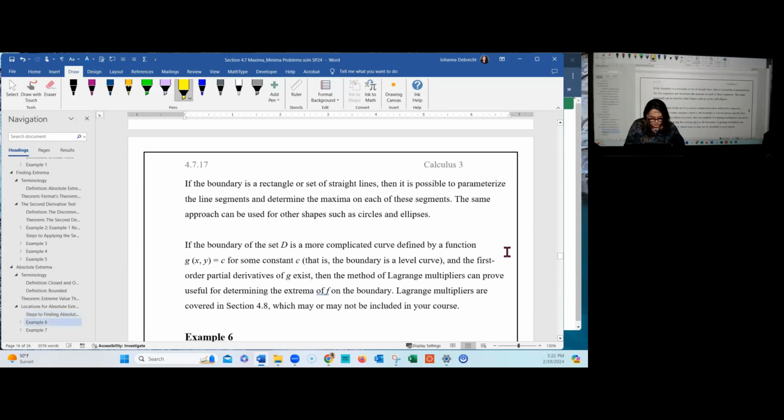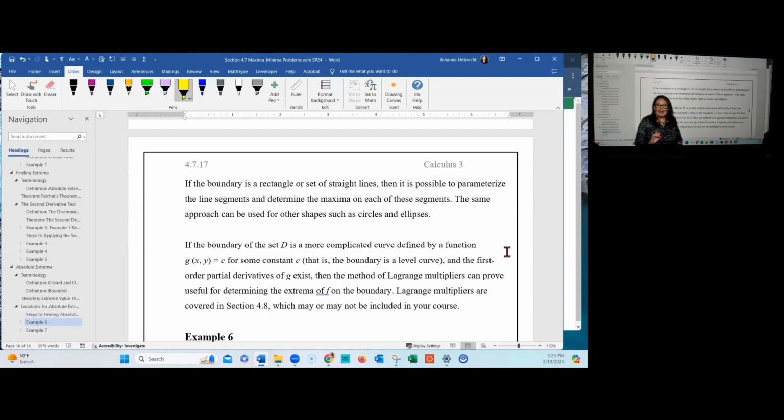The Lagrange multiplier method says that if the set D is a rather complicated curve, and the first order partial derivatives of G exist, and we're defining it by some function G of x and y equal to a constant, then we can use the method of Lagrange multipliers to help find the extrema of the function on the boundary. This is covered in section 4.8 of the textbook, which again may or may not be covered in your course.